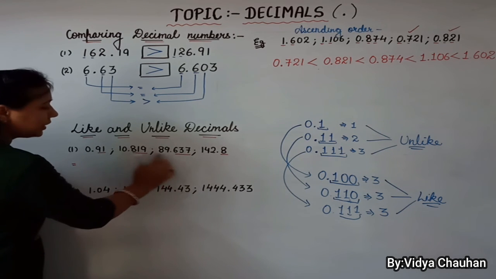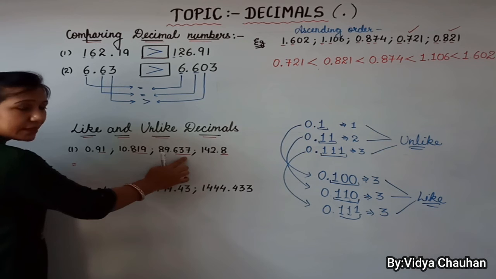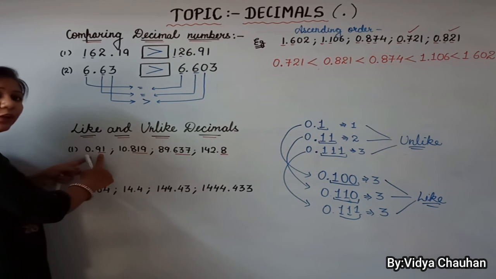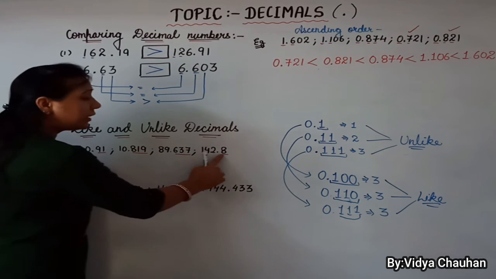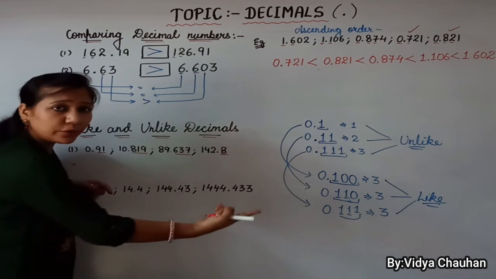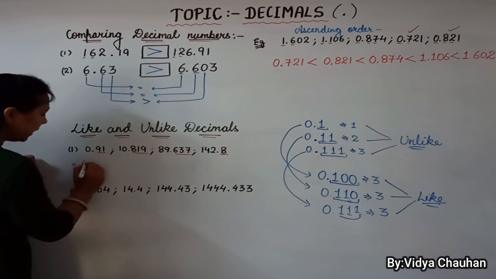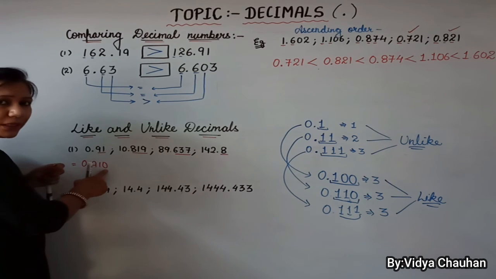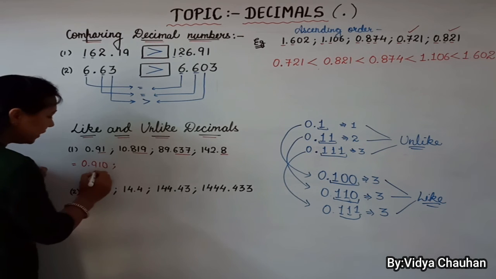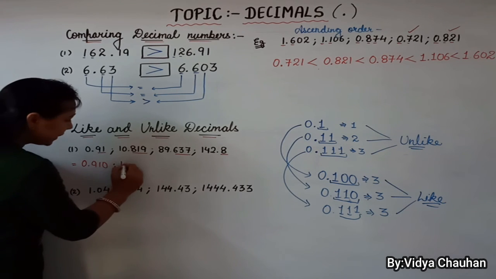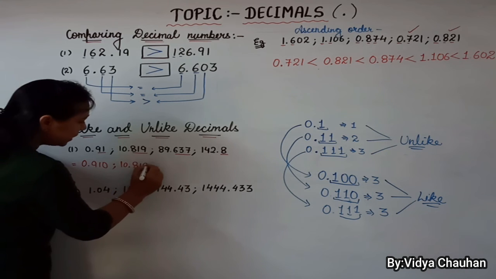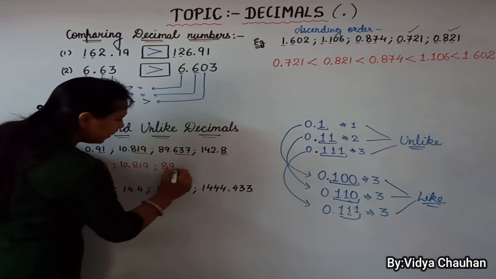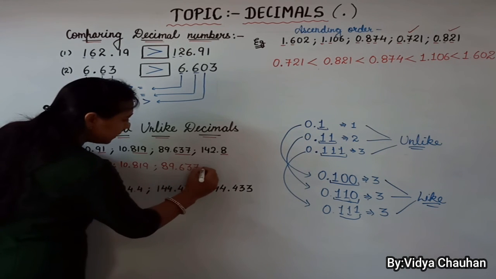Since the maximum number of decimal place values is 3, we will convert the number with 2 decimal place values into 3 and the number with 1 decimal place value into 3. For the first number, I can write 0.910. I added a 0 at the last, so this becomes a decimal with 3 place values. The next number will be the same, 10.819, because it is already with 3 decimal place values. The next will also be the same, 89.637.